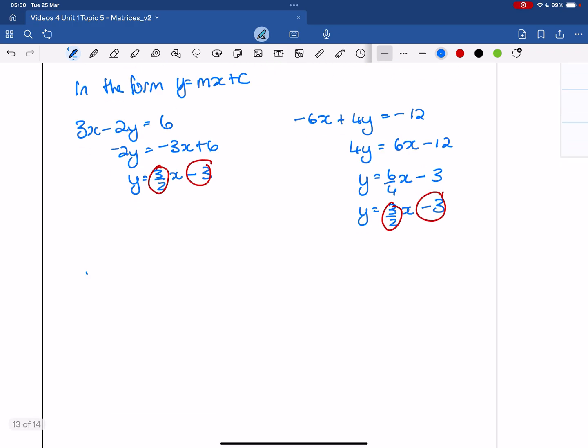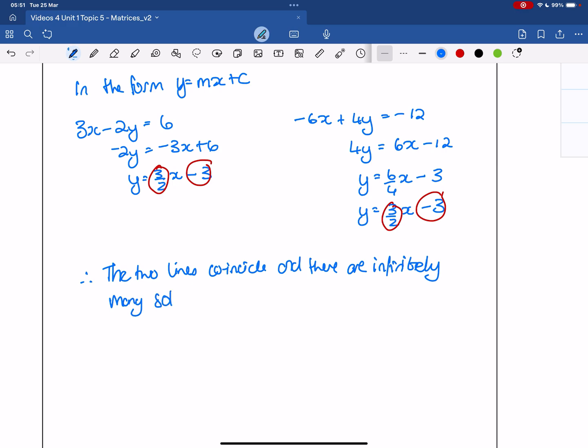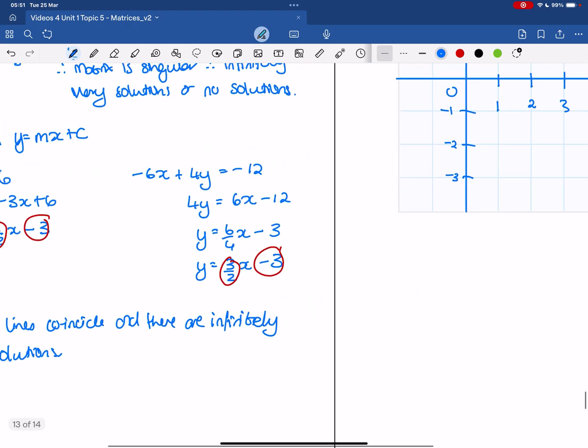So therefore the two lines coincide and there are infinitely many solutions.